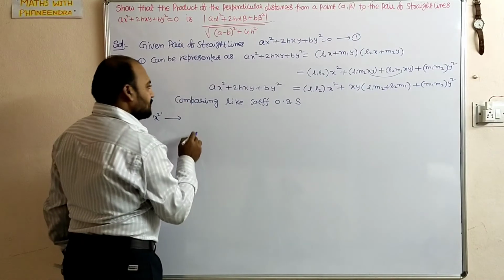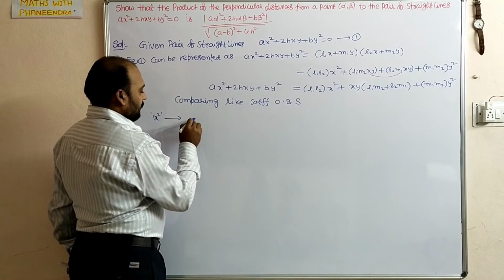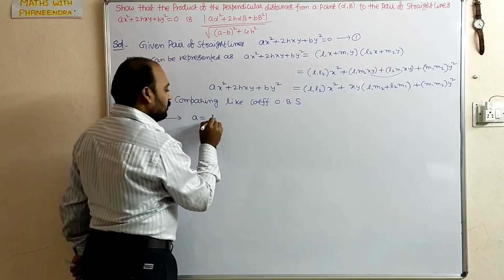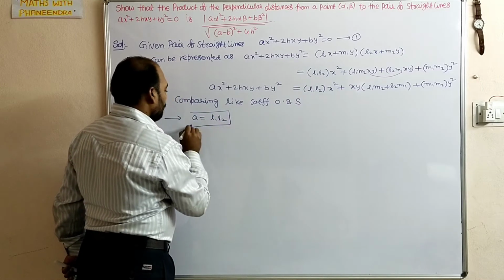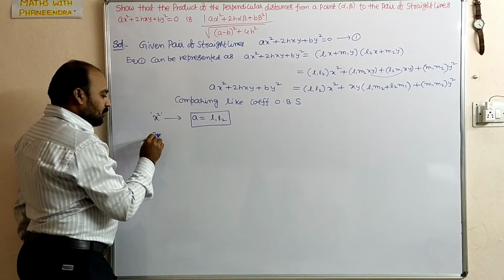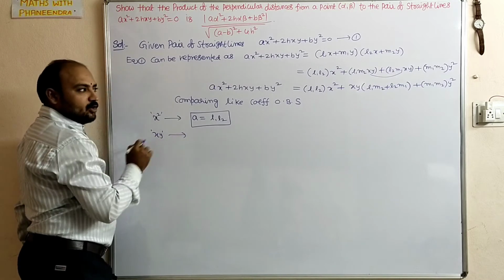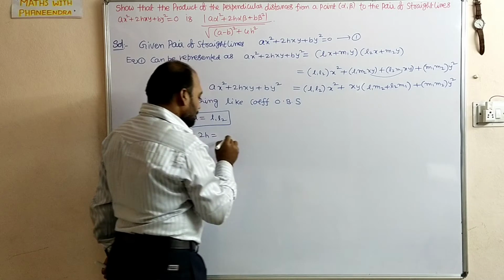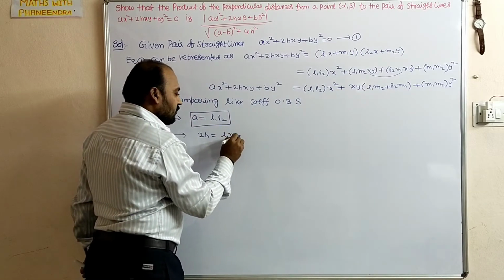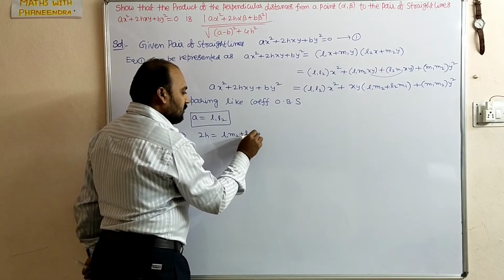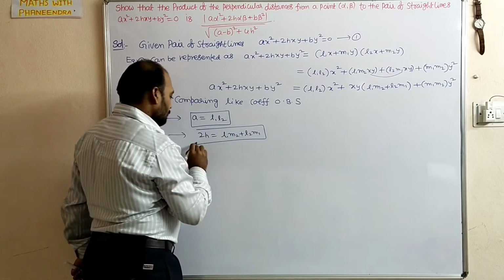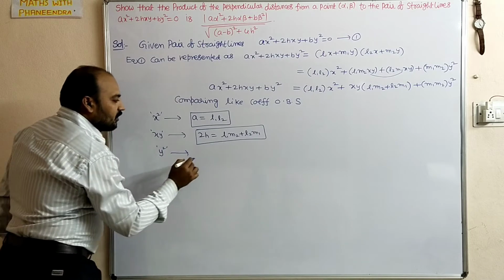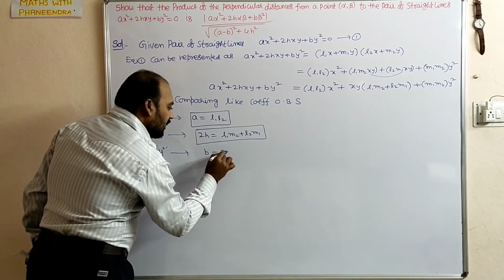So x square coefficient here is a, equal to that side x square coefficient L1 L2. And xy coefficients we are comparing on both sides. Here xy coefficient is 2h. Here xy coefficient is L1 M2 plus L2 M1. And y square coefficient b equal to M1 M2.